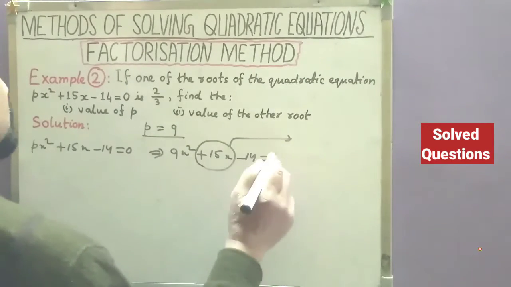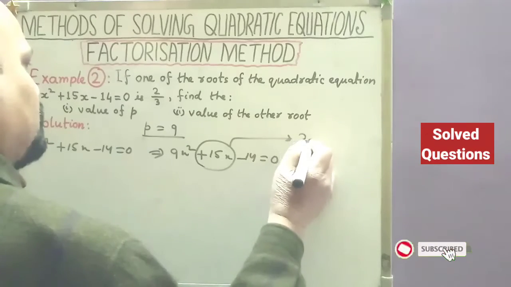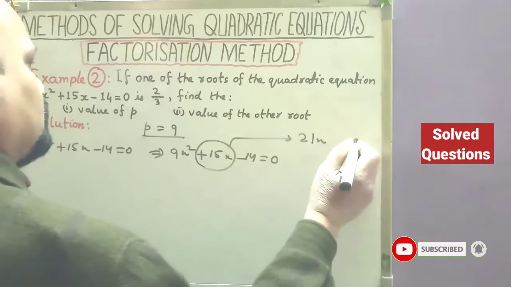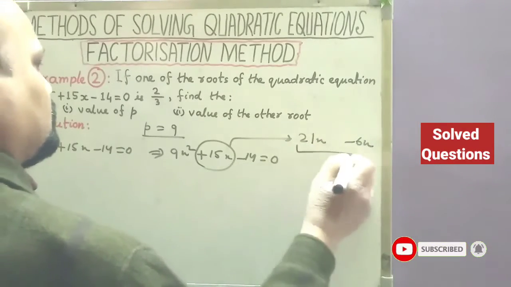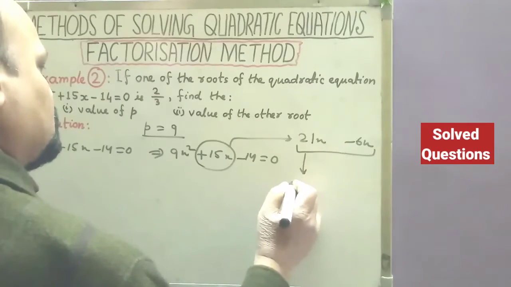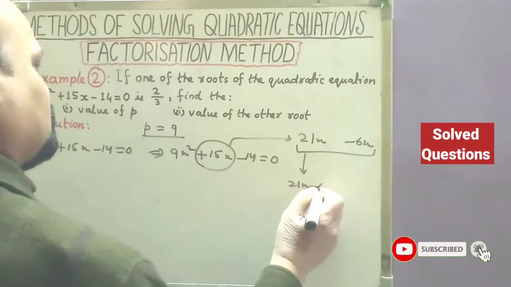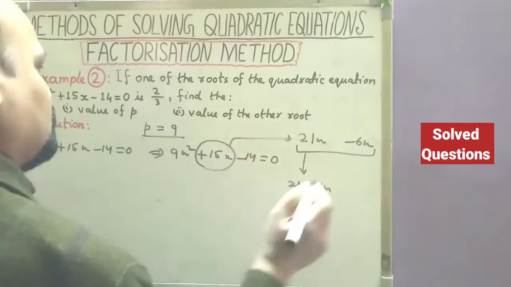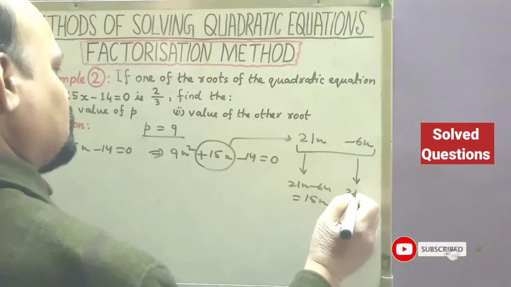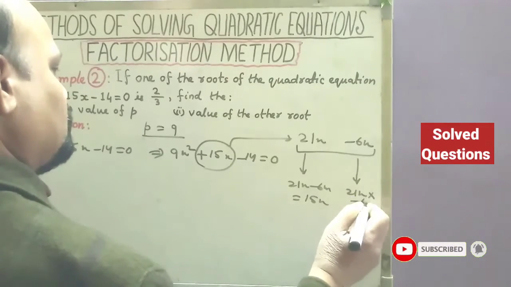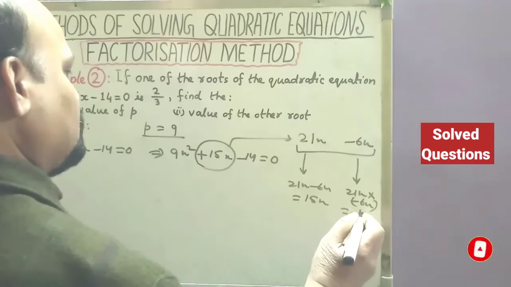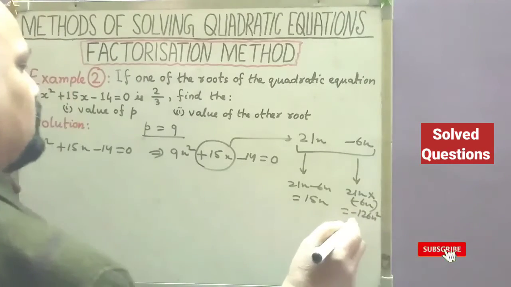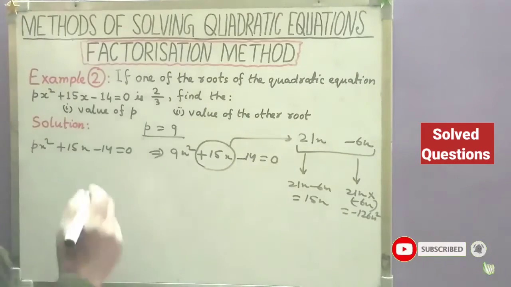Split the middle term +15x into two terms, 21x and −6x, such that their sum equals 15x, which is the middle term itself, and their product is equal to −126x².